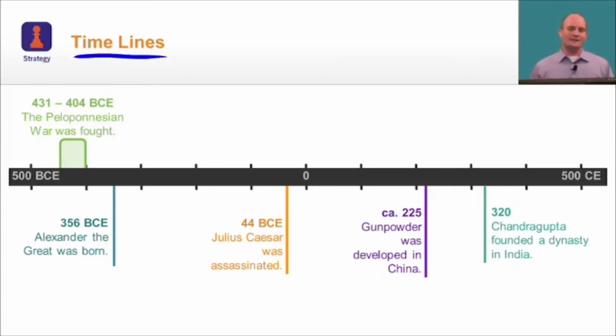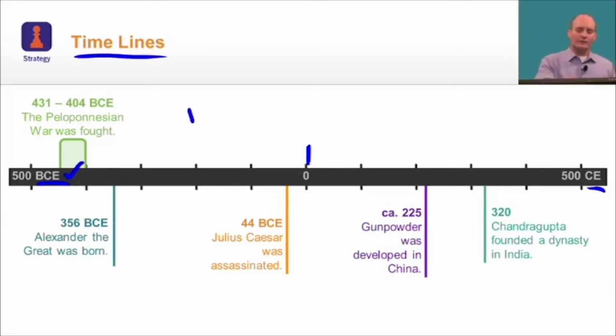And you'll see a number of these throughout this course. So let me help break it down for you. First, notice a couple things. One is that it says 500 BCE all the way to 500 CE. That is the range of time that this timeline actually shows. BCE refers to before Common Era, before the year 0.